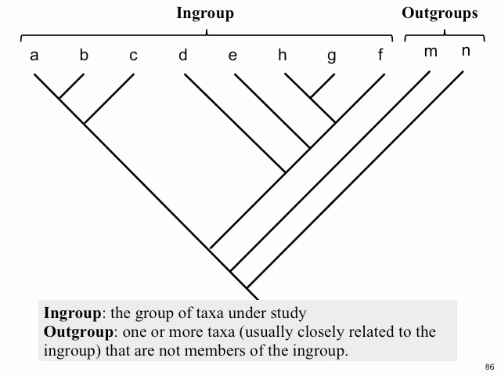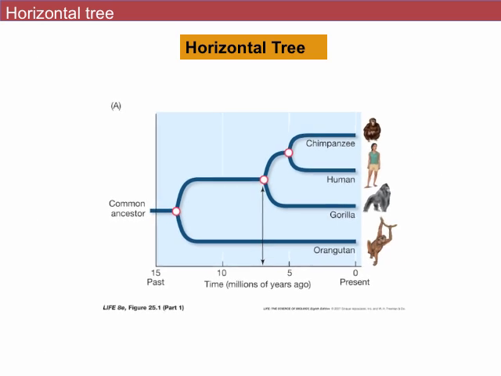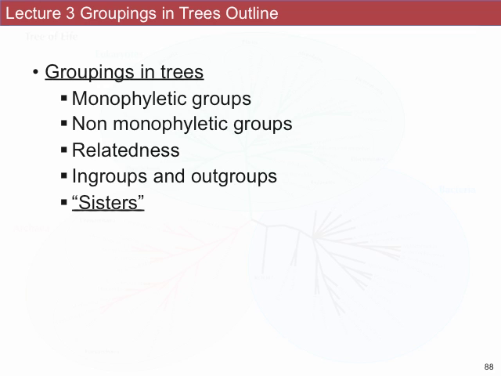Yeah? So the in-group is monophyletic? The in-group is not always monophyletic because sometimes people may leave out something in the middle of the in-group. So if you were studying the evolution of reptiles and you left out birds, so birds is this clade in the middle of the reptile group, you could still treat reptiles as your in-group.